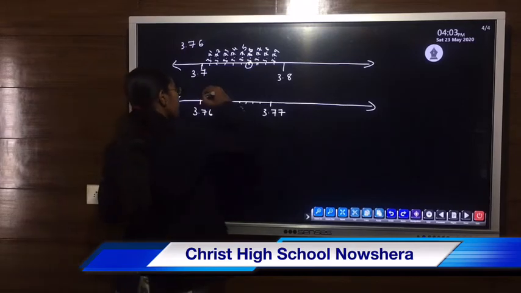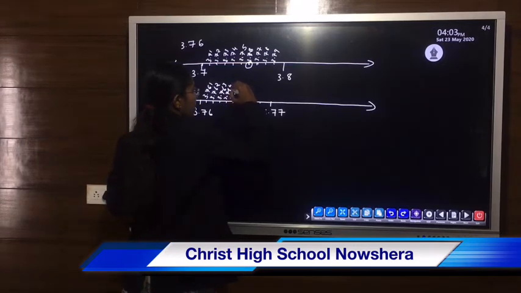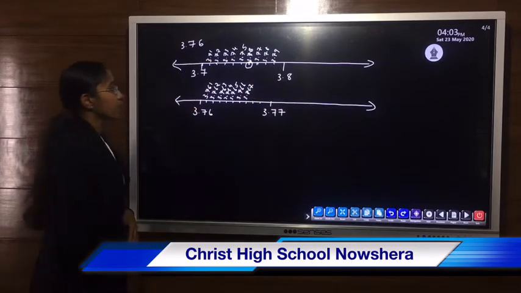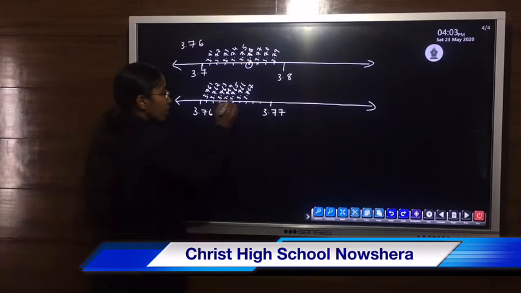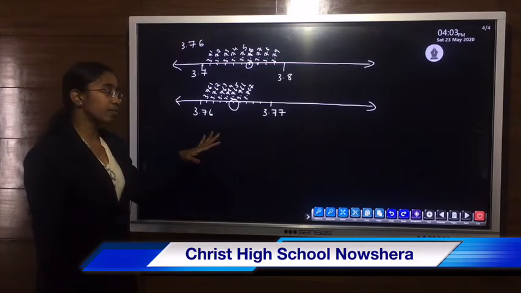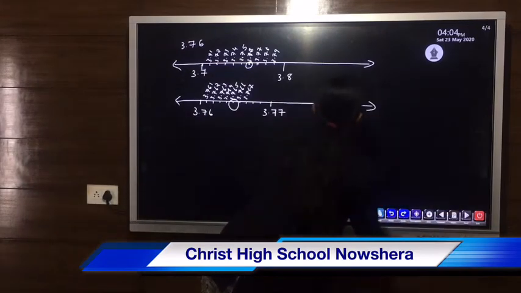This is 3.761, 3.762, 3.763, 3.764, 3.765, 3.766, 3.767, like that. What is our question? Represent 3.765 on the number line. So this point is our 3.765, and this process is called the process of magnification.